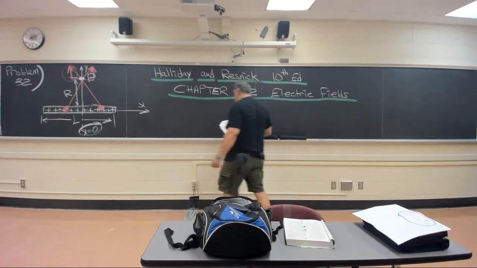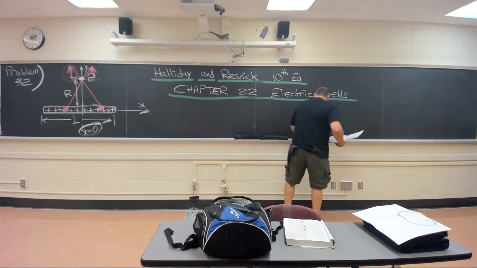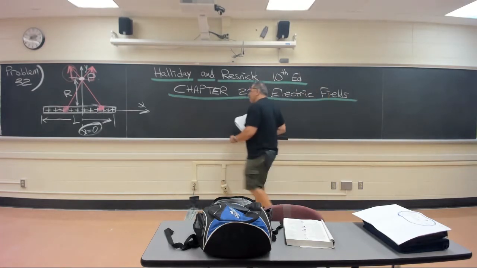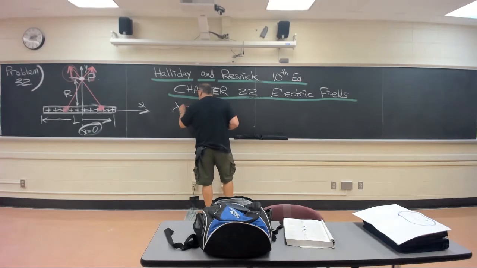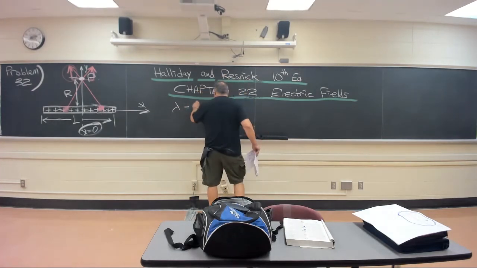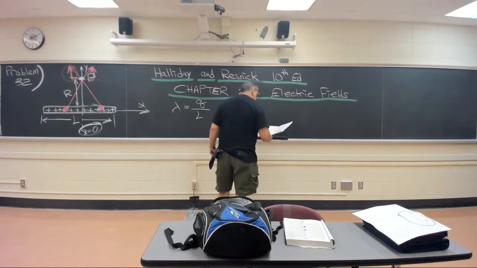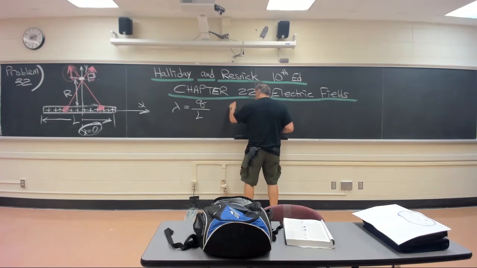You're looking at this, and you can call lambda the linear charge density, total charge Q over a length L. What does that mean?